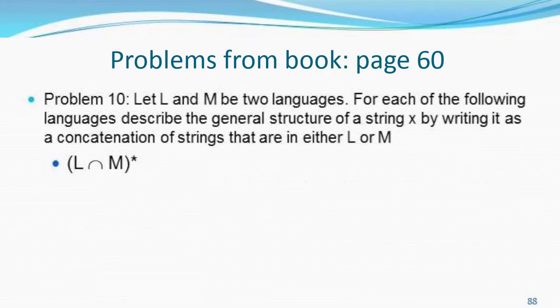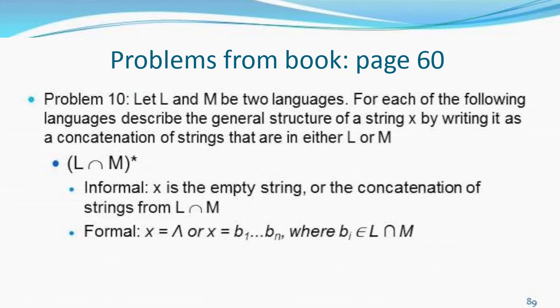Here's another one. What's the structure of a string where we have L intersected with M and then we take the star of that? The answer is almost easier to see in the formal definition. L intersect M might be the empty set. It might have something in it.